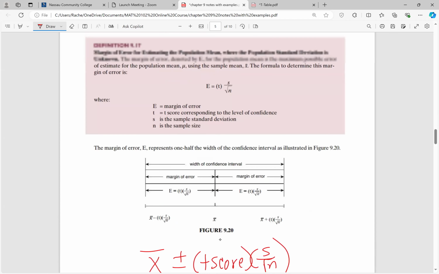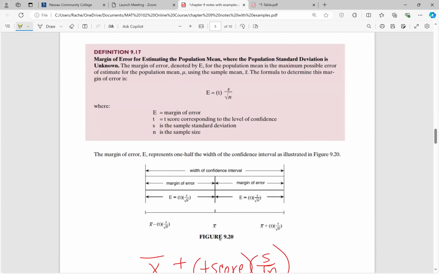So we could think of the margin of error denoted by E for the population mean. It's the maximum possible error of estimate for the population mean mu using the sample mean X bar.